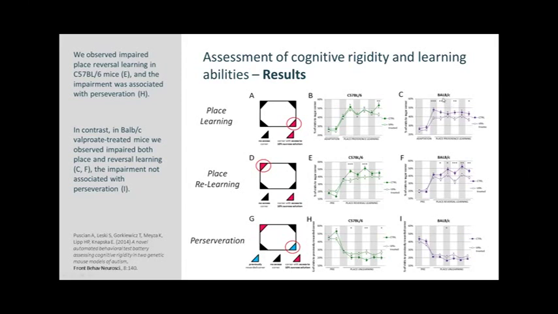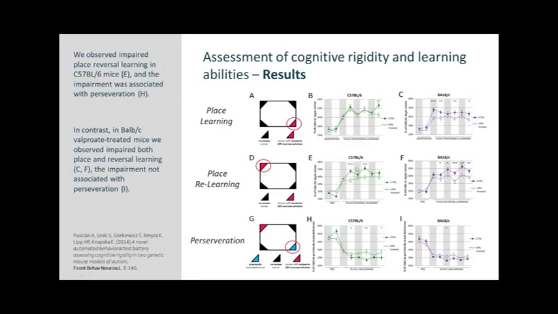But in the case of BALB/C mice, they were severely impaired both during place learning and place relearning, however, this deficit was not related to perseveration. So we were able to dissociate these 2 symptoms in our mice.